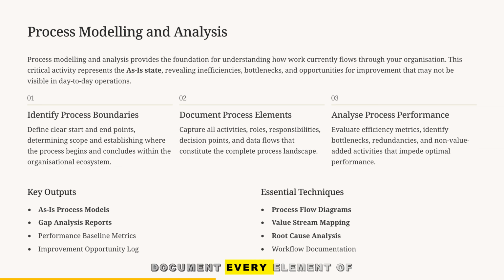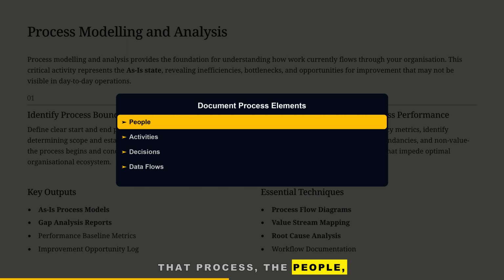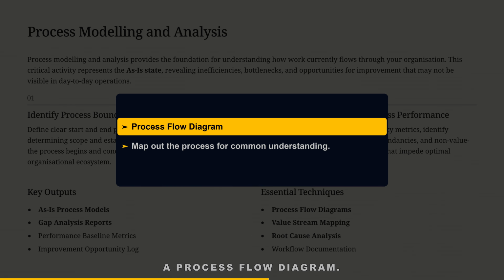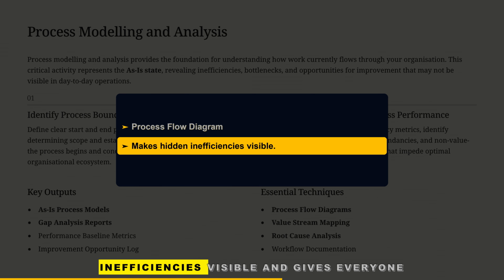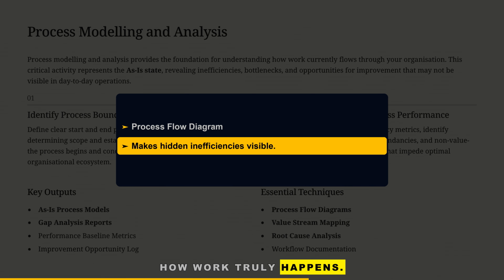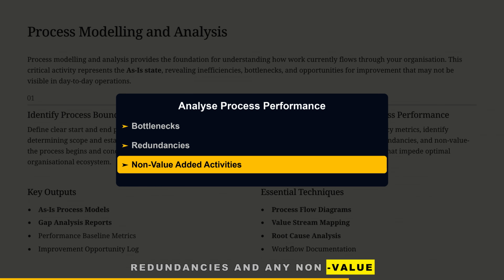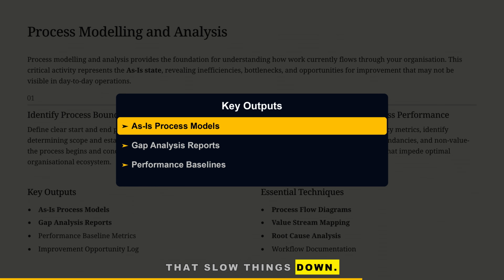Next, document every element of that process, the people, activities, decisions, and data flows involved. Map it all out using a process flow diagram. This makes hidden inefficiencies visible and gives everyone a common understanding of how work truly happens. Then, analyze performance, look for bottlenecks, redundancies, and any non-value-added activities that slow things down.